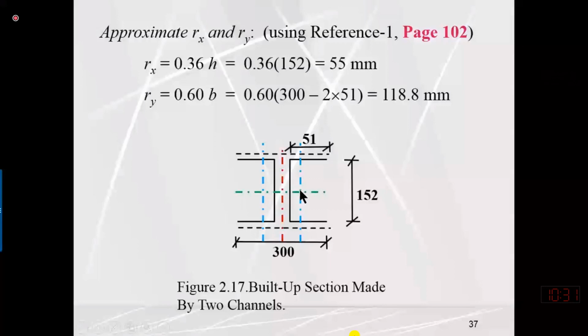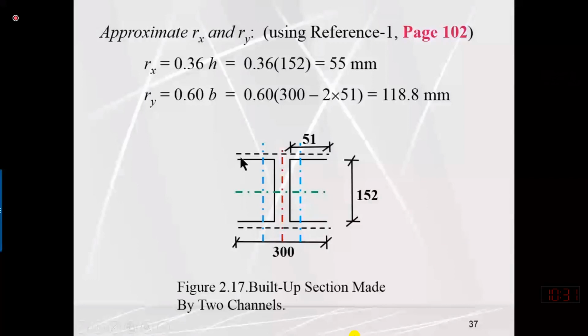You can use many ways. I may use the distance from the centroid of the single channel to this web, which is x. This is the x centroid, and then I need half of the spacing. Total width is 300.